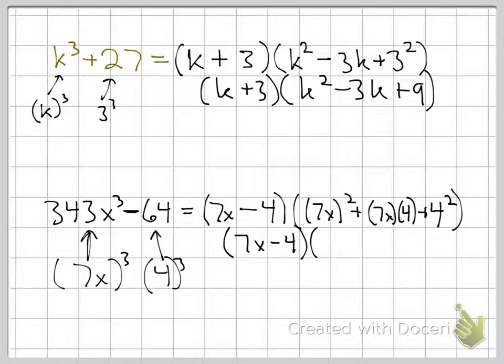Seven x squared is 49x squared. 28x plus 16.